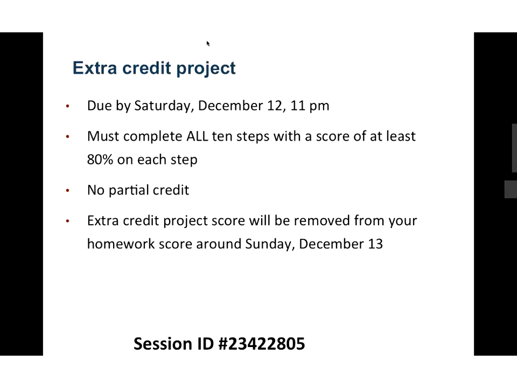If you have any questions about the extra credit project, you need to email me 2 things. First of all, in the subject line, put extra credit step, whatever step you're on, step 2, step 5, whatever step you're on. And then in the body of the email, tell me what you're having trouble with and send me a screenshot from what you're seeing, because then we can help you.